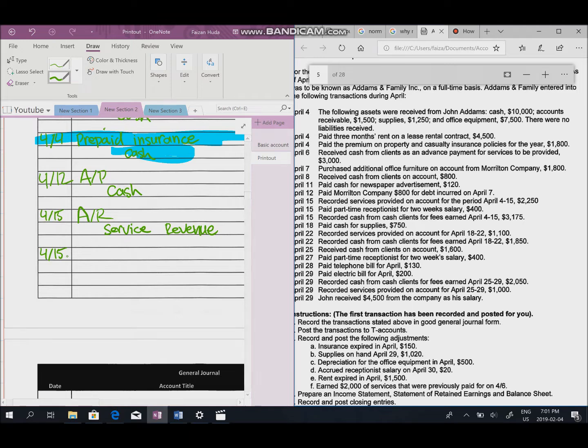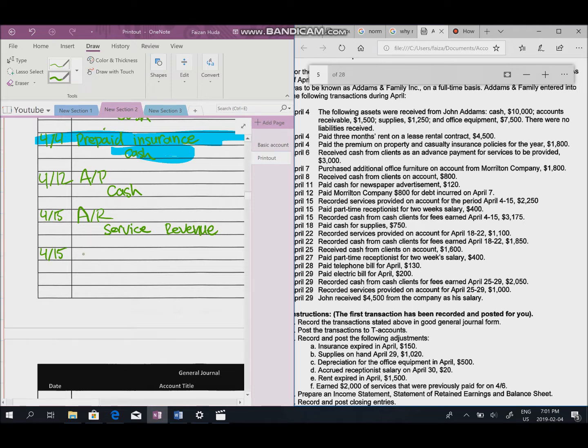You're paying them, and you also lost cash since you paid them. Anytime it says paid them, just assume they used cash to pay the employees or whoever it is.